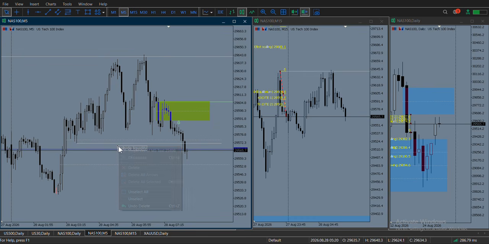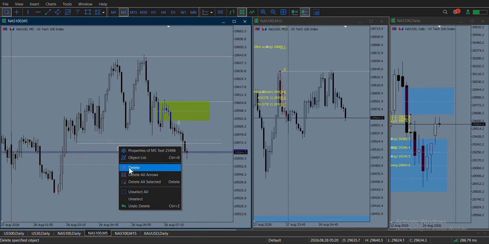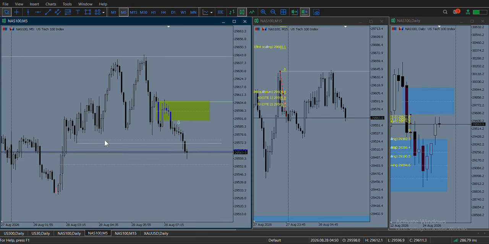After taking this screenshot, I can gladly delete this here and have only these points highlighted. So if we go past this inefficiency here, then we can definitely trade into this sell side.